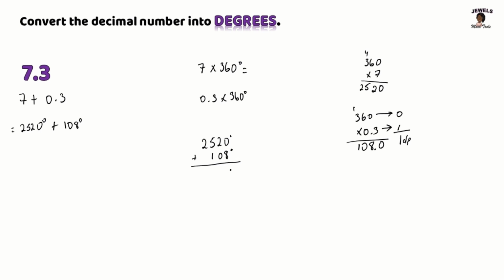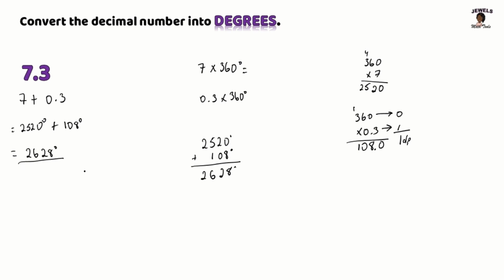So 0 plus 8 is 8, 2 plus 0 is 2, 5 plus 1 will give us 6, and we're going to bring down our 2. So in degrees, our 7.3 is equal to 2,628 degrees. And if you saw my first video, where we multiplied 7.3 as a whole by 360 degrees, we got this exact same answer.